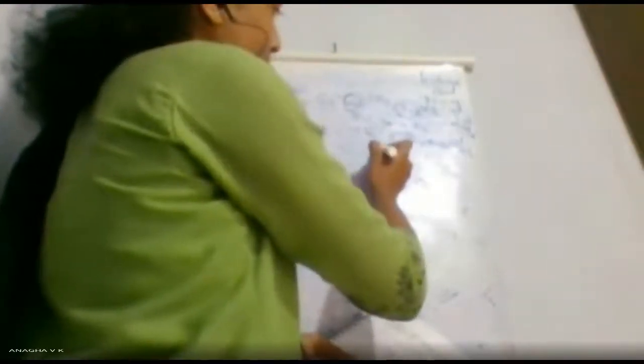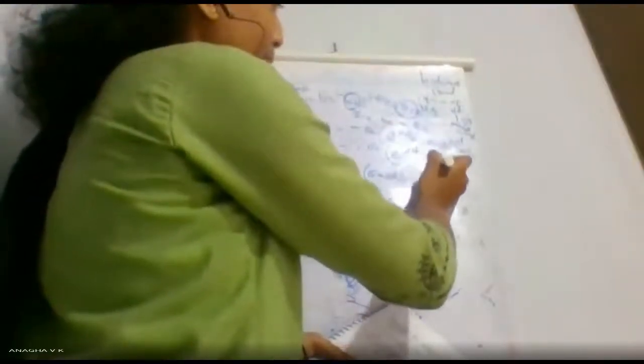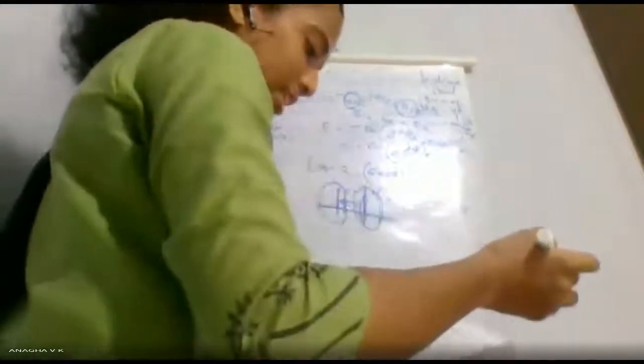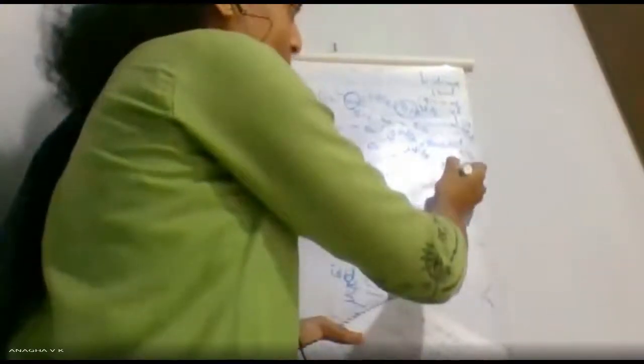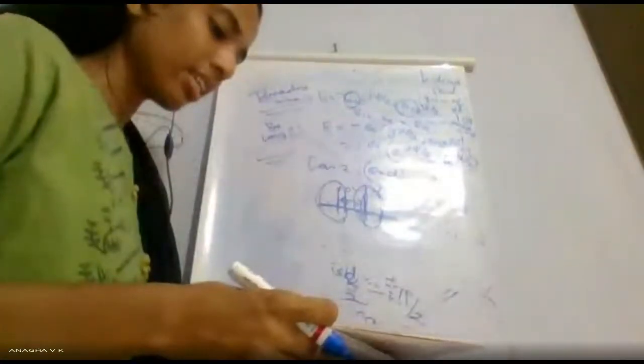So we take E0 outside. We get E equal to E0 into e raised to j psi by 2 minus e raised to minus j psi by 2. What is this? e raised to j psi by 2 minus e raised to minus j psi by 2.